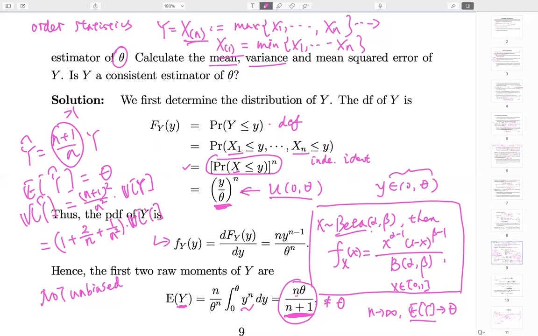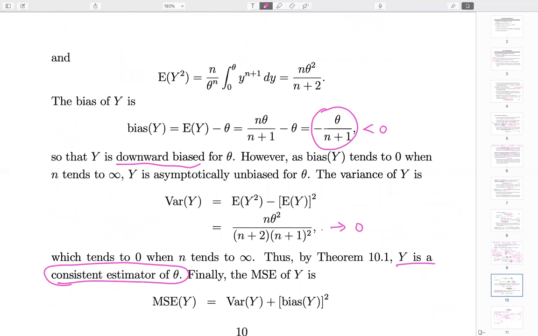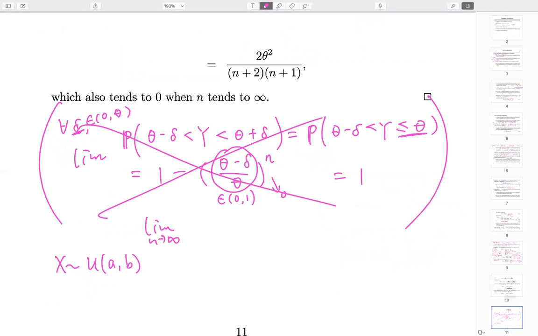The good thing is, as n goes to infinity, the extra part is minimal, it goes to 0. But nevertheless, your variance goes up, so there is a trade-off. By using x hat, I will get an unbiased estimator, but my variance goes up. So we will need to calculate the MSE to see whether it goes up or not. But anyway, you can carry out the computation for the MSE of y.